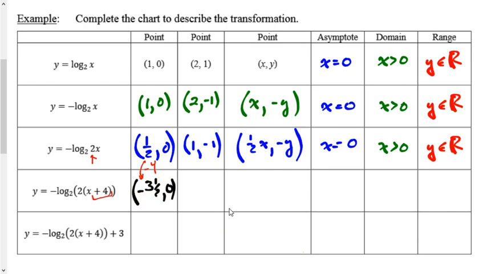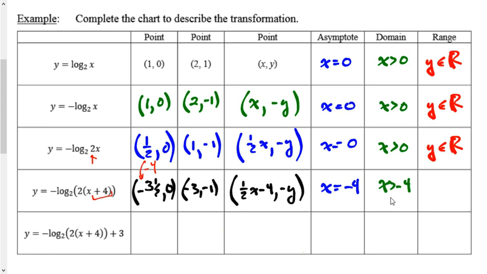That is a 2 in the denominator, a little messy in how it's written. If I do 1 minus 4, I'll get a negative 3 for the x. And a half times x minus 4 gives me the mapping for that x coordinate. So now that I've shifted the graph to the left by 4, that's changing the location of my vertical asymptote, and it's changing my domain. Range, still unchanged.